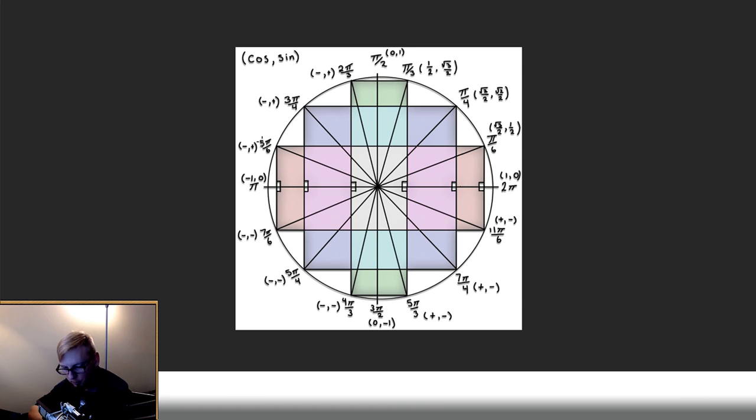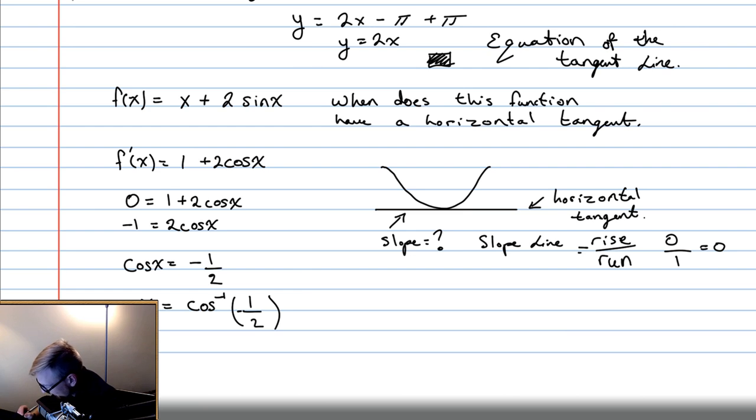Yeah, 2 pi over 3. Okay, this would actually be easier with this in a chart instead. Two pi over 3.